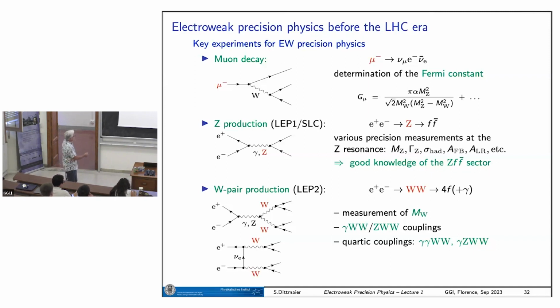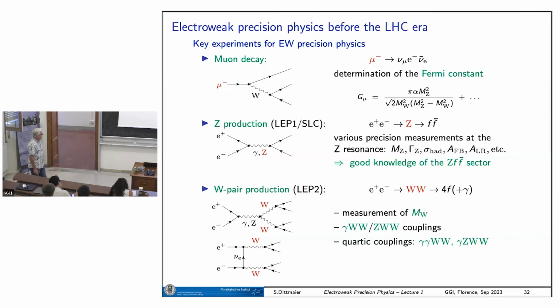Next step at LEP, sometimes called LEP 2, was the run phase around 200 GeV or so, where here actually you leave the Z pole, which is in the vicinity of 90 GeV in center of mass energy. So in this second step, it was possible to produce W boson pairs. You see the major diagrams here again.